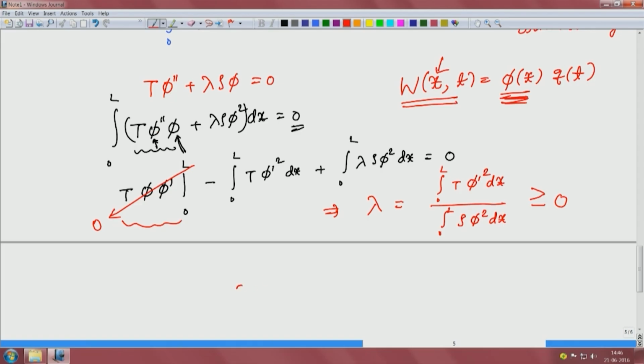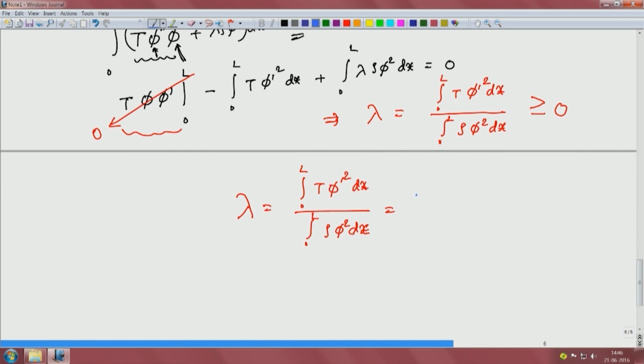So, this lambda that we got as a ratio has a name, and that name is the Rayleigh quotient. A quotient is like a ratio.